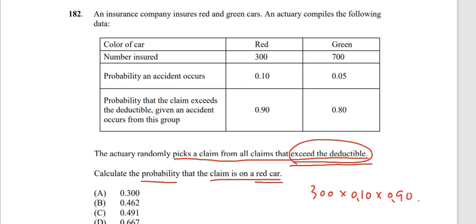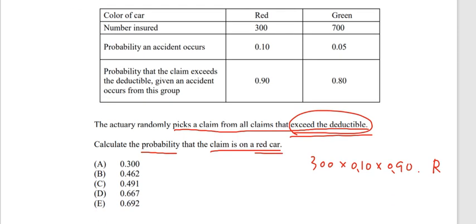So this is from red cars. From green cars, we have 700 multiplied by this, and multiplied by 80. Putting them together, those are all the claims that exceed the deductible.